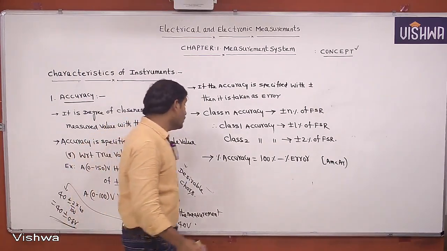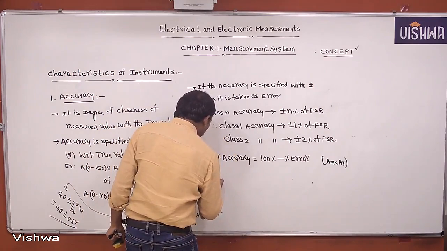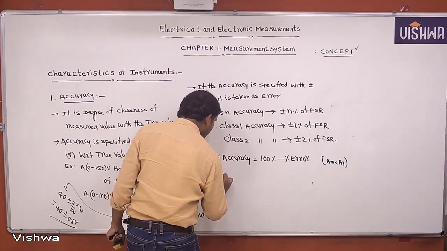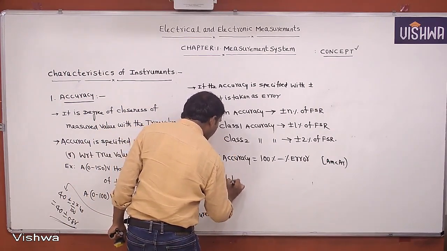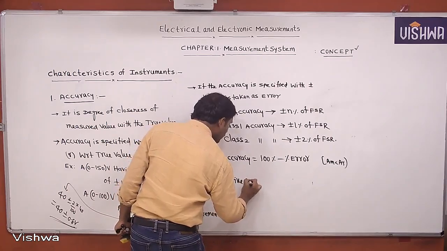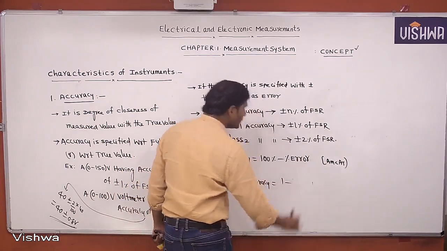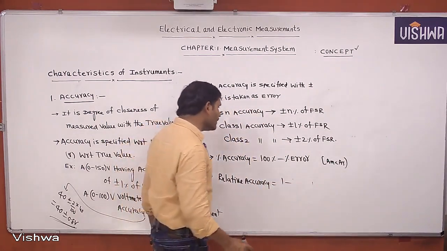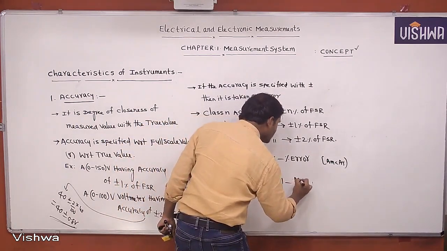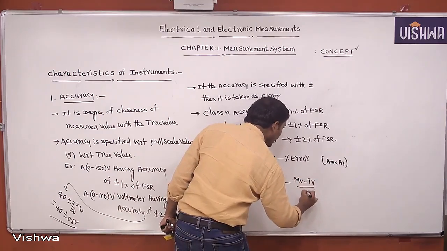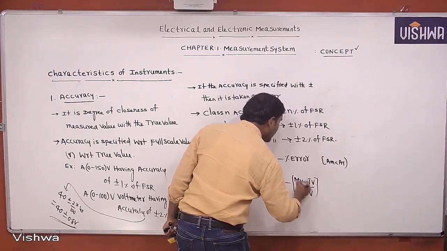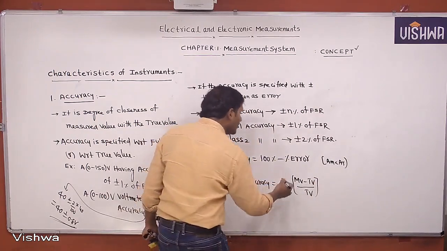Then you also take relative accuracy. Relative accuracy equals 1 minus measured value minus true value by true value. This gives the relative accuracy. This is not in terms of percentage.